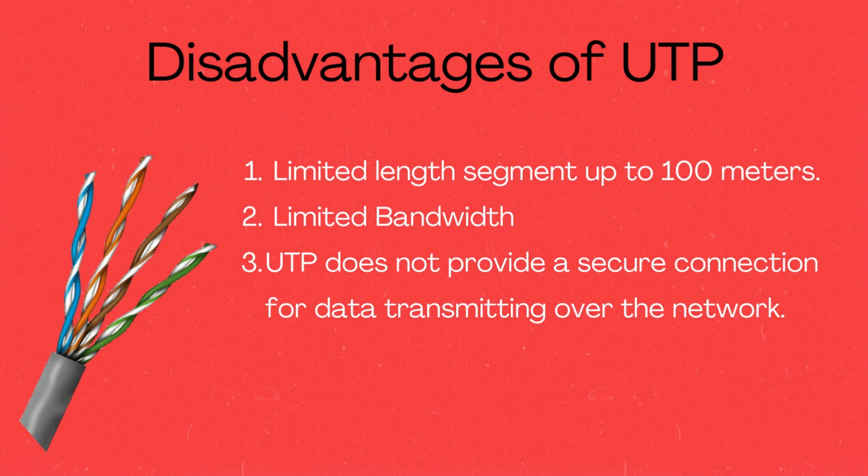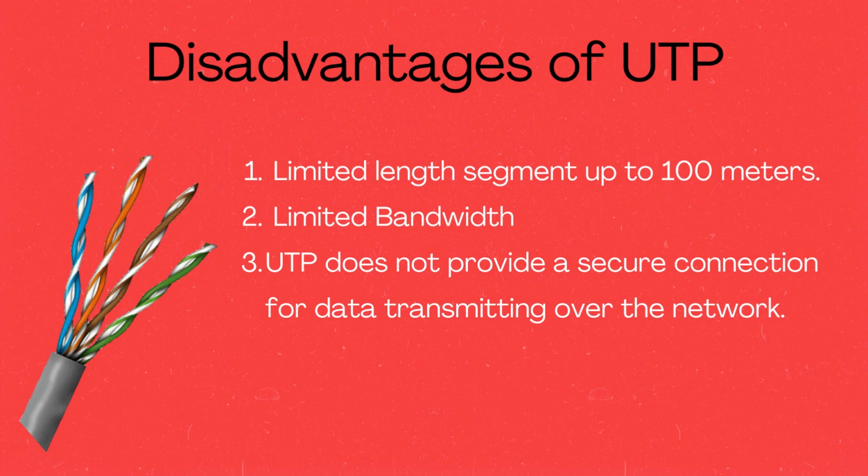So the longer the cable, the higher the attenuation. Beyond 100 meters, the signal may degrade to the point where reliable data transmission is not possible. To cover longer distances, additional networking equipment like switches or repeaters may be used to extend the reach of the network.